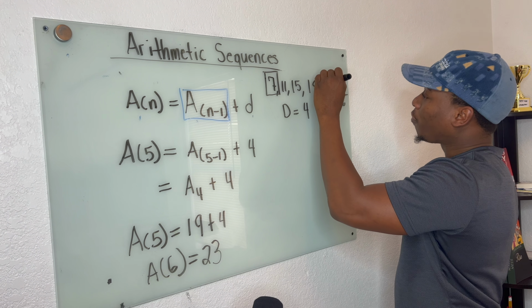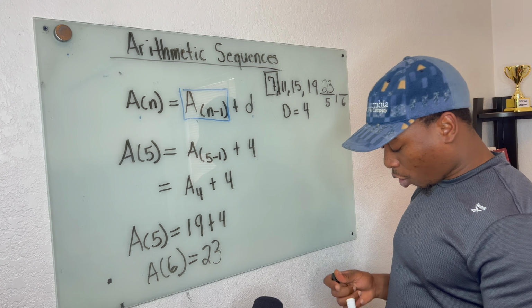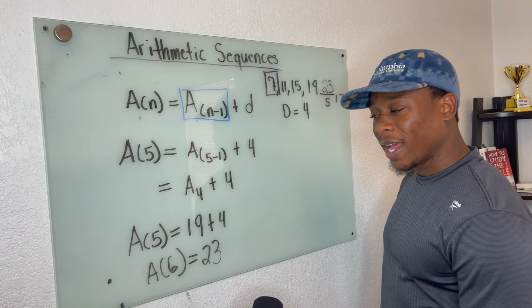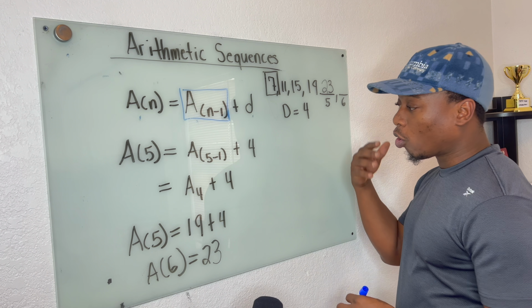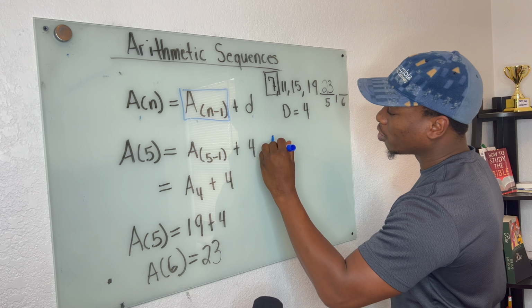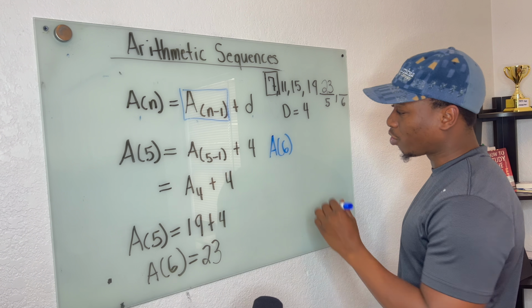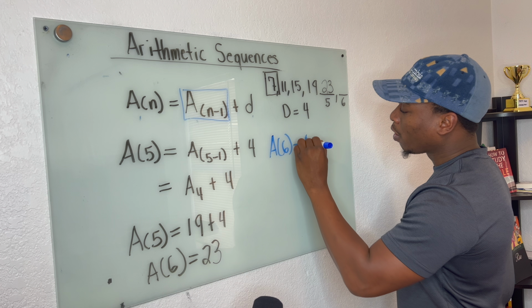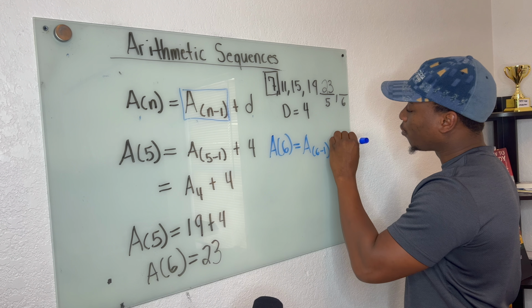So now that I figured out the fifth term, it's 23, we could go back and get the next answer. So let's do that right here. We have a of 6, the term we're looking for in the sequence, the sixth term. That is going to be a of 6 minus 1 plus the difference of 4.